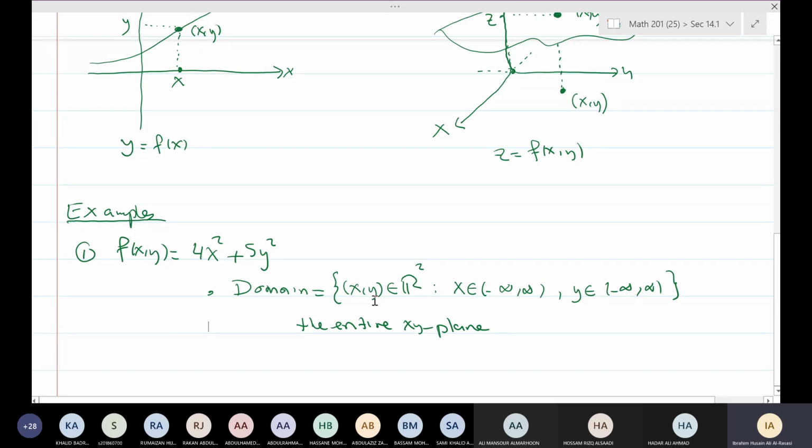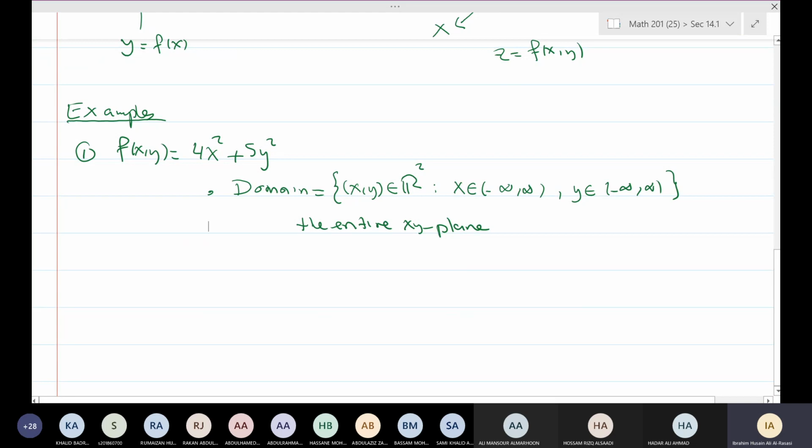The whole plane. Okay. Now, what about the range? What is the range of this function? Only greater than 0. This is positive, this is positive, right? All of them are positive. So here we take 4x squared plus 5y squared greater than or equal to 0.